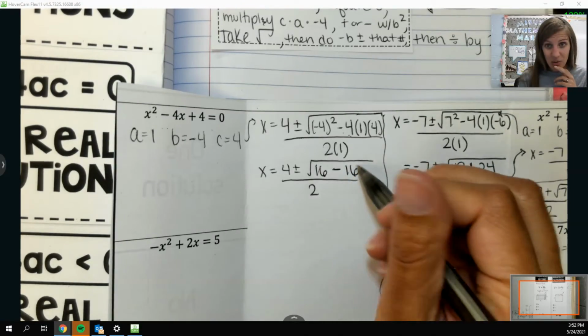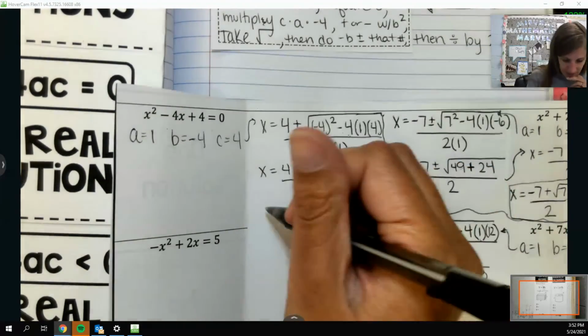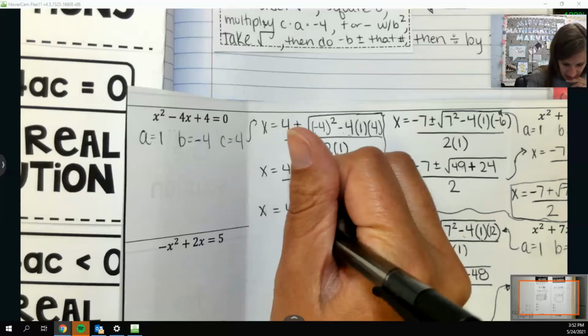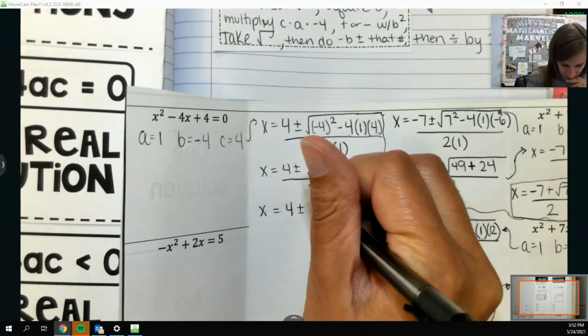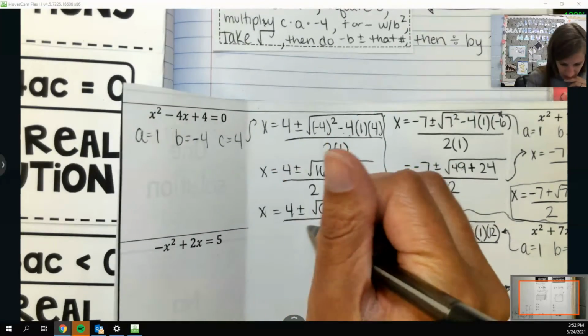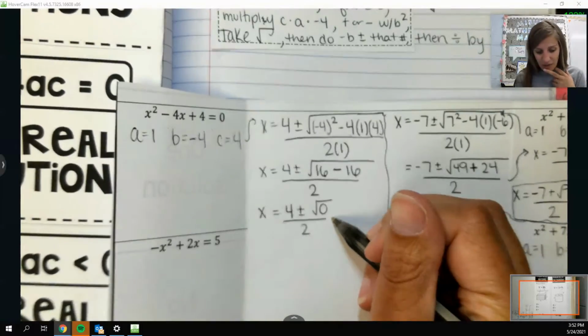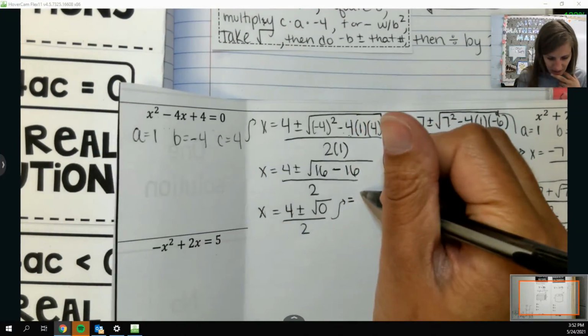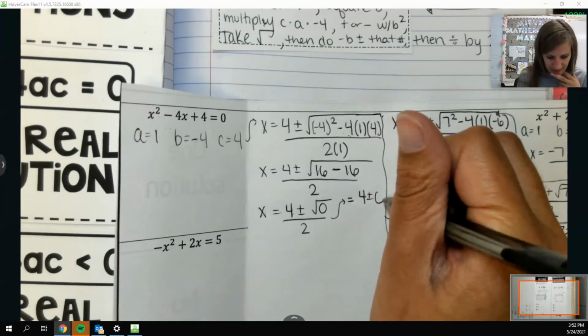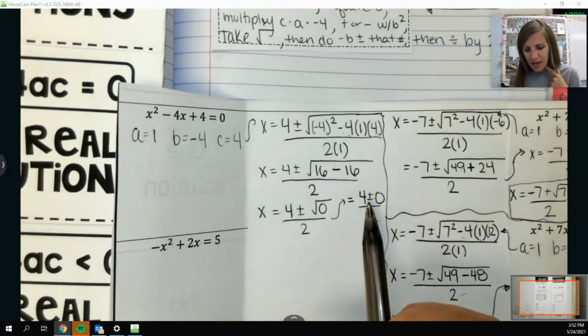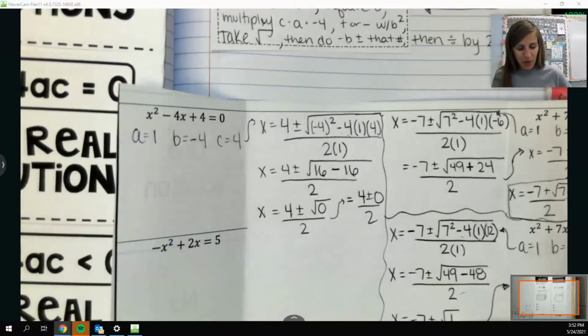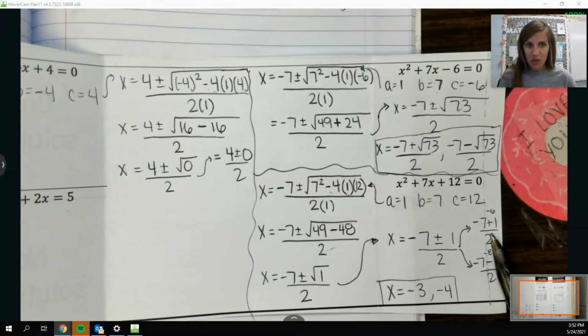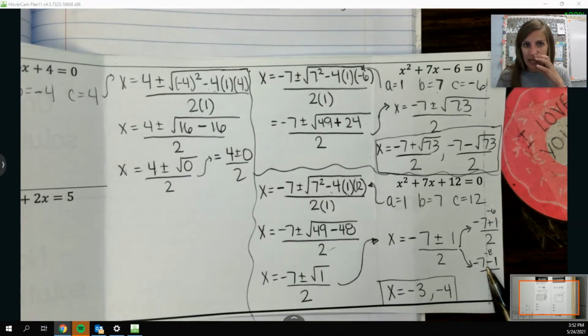Okay, still under that square root because there's still more things I can do. 16 minus 16 is 0. And so I can take the square root of 0. It's just 0. So we end up with 4 plus or minus 0 over 2. On the last one, I broke it up and made my 2 equations, one with a plus in between and one with a minus in between.